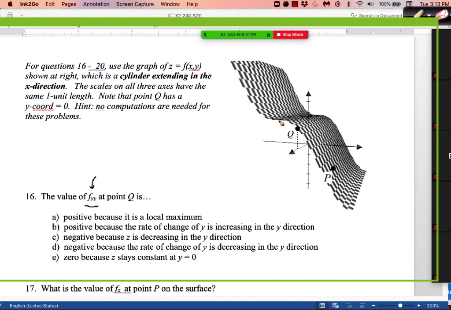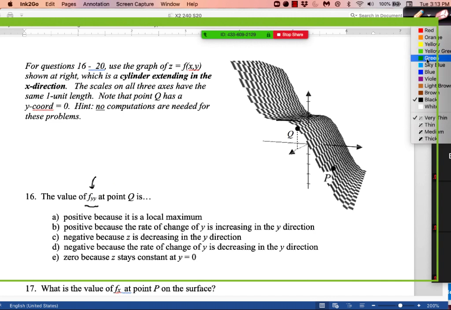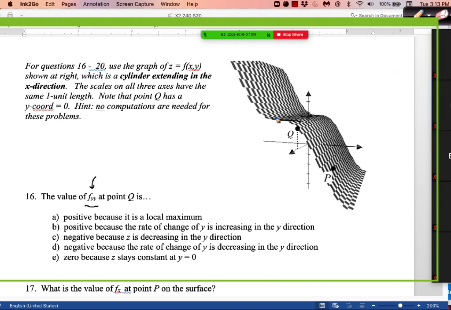If you look at Q here, it looks like Q is just located on the x-axis. It has a y coordinate of 0.